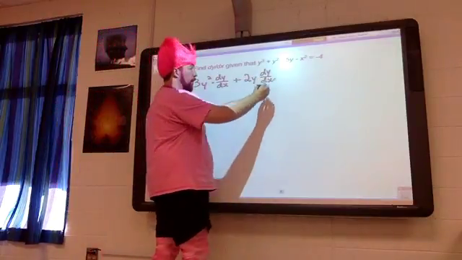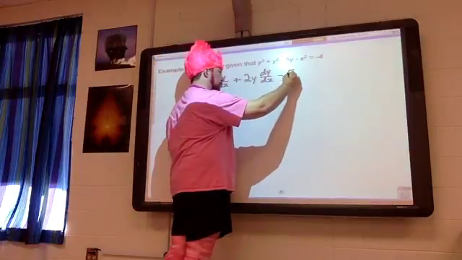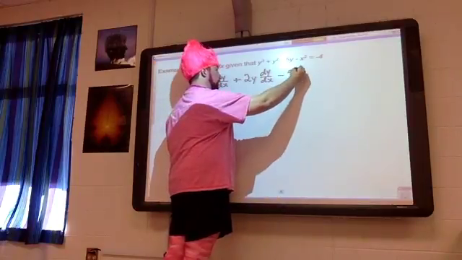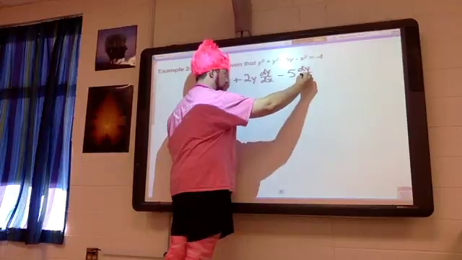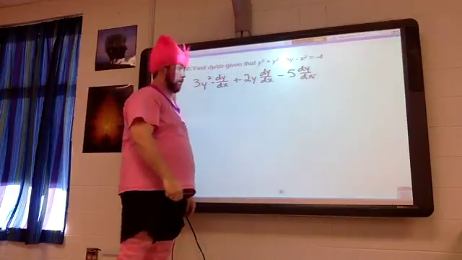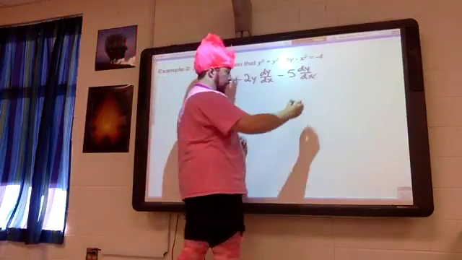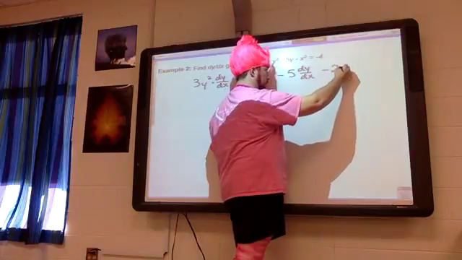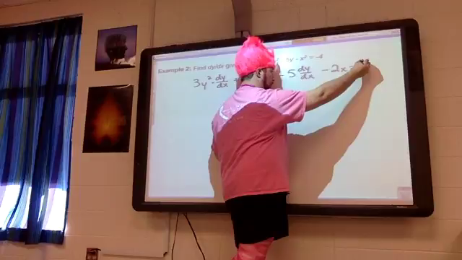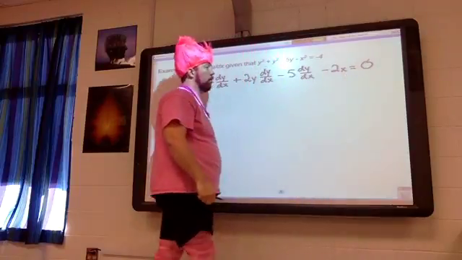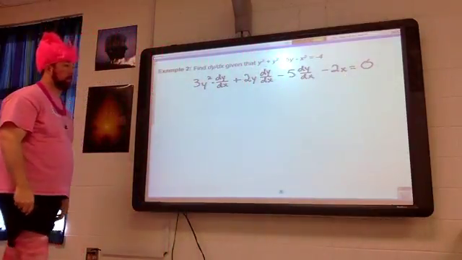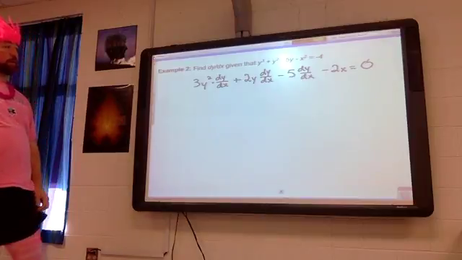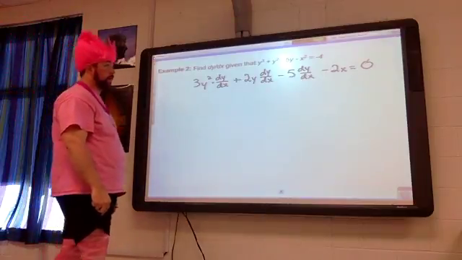Minus the derivative of 5y, which is 5 dy/dx. And the derivative of minus x squared is simply minus 2x. And then we have the derivative of -4, which is just 0. Looks a little ugly here, but not too bad.